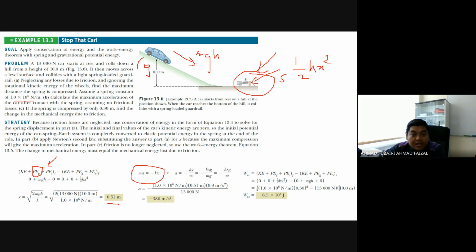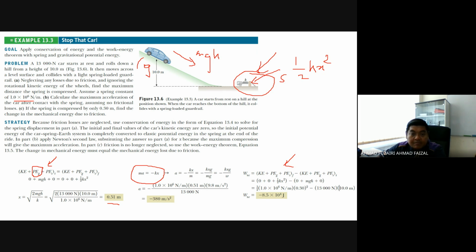So we take half kx squared minus mgh. On the initial part we have mgh, and on the final part we have half kx squared. But here the spring compression is given as 0.3, so we want to find the mechanical energy lost due to friction.